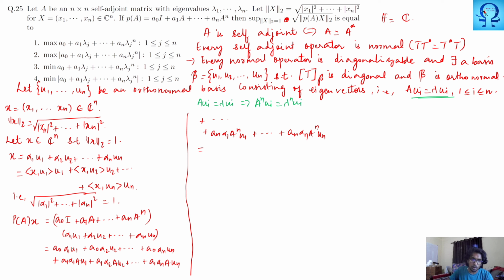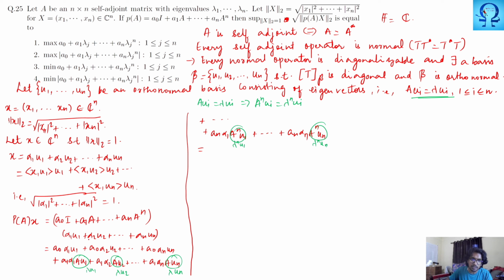I am going to directly substitute lambda u1 in the place of A u1, and here I will have lambda u2, and here I will have lambda un. In a similar way, here I will have lambda power n u1, etc. till lambda power n un. So I will have these quantities. Now I can very well club this. If I take alpha 1 as a common quantity, then I will have what?